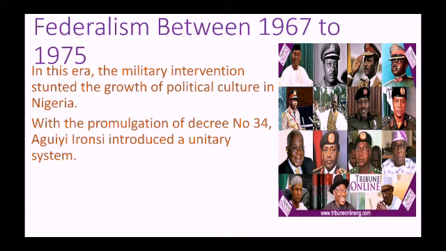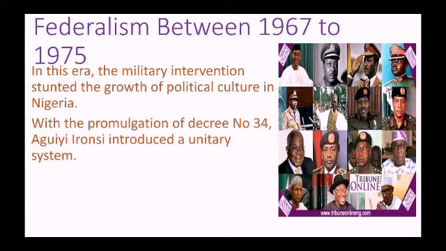So, due to the military intervention, Aguiyi Ironsi, through Decree number 34, introduced a unitary system of government. So the system that was introduced was unitary, but that was not to last for a very long time, since Aguiyi Ironsi did not stay long enough in power.